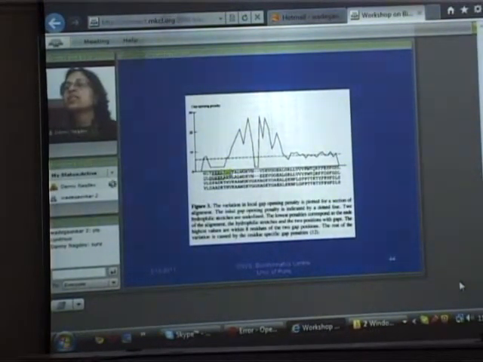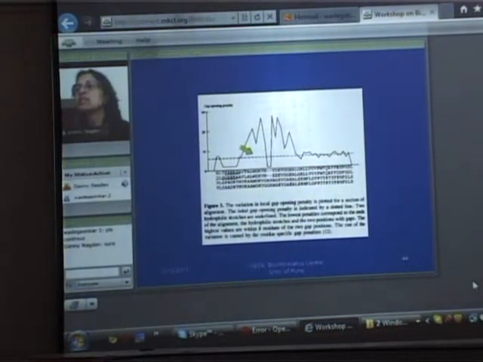Because if you introduce a gap over here during the alignment, then you are inserting two gaps which are very close to each other, which is not feasible generally in the natural process. So in order to maximize the correct modeling of the evolutionary process, they have defined these rules of assigning the position specific gap penalty. This is how the gap penalties are handled by Clustal.